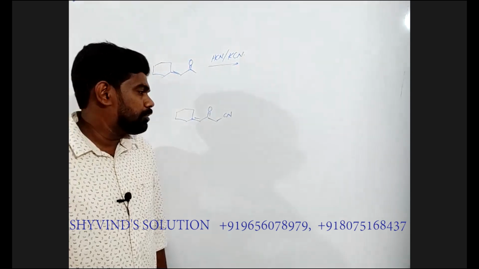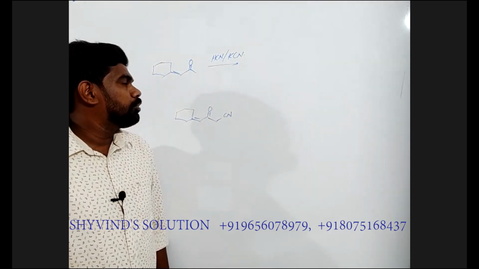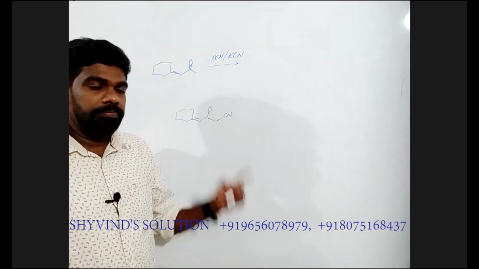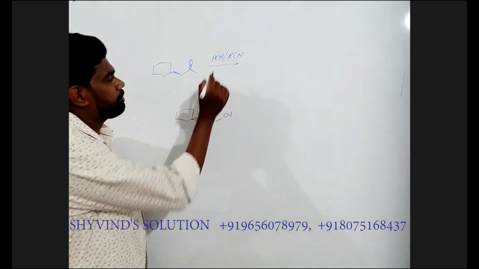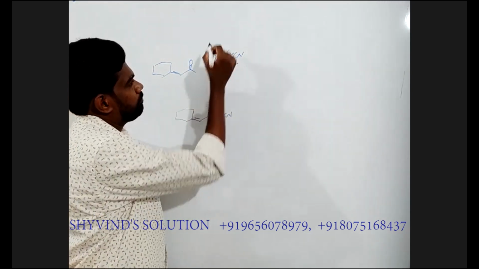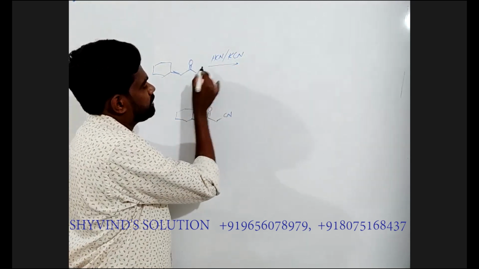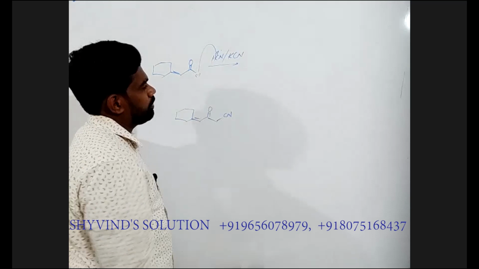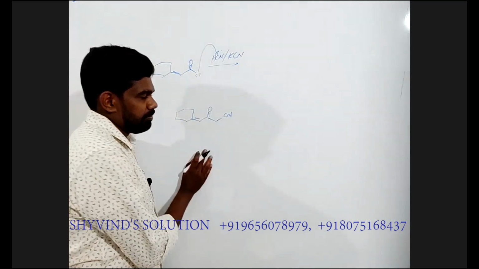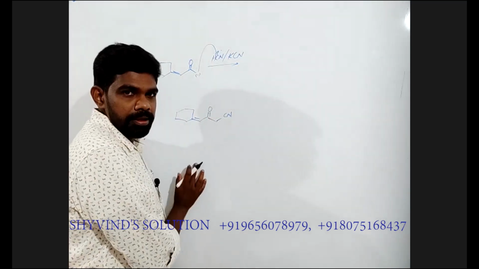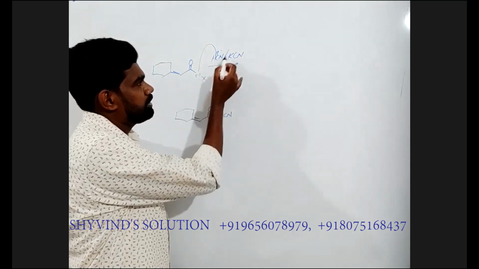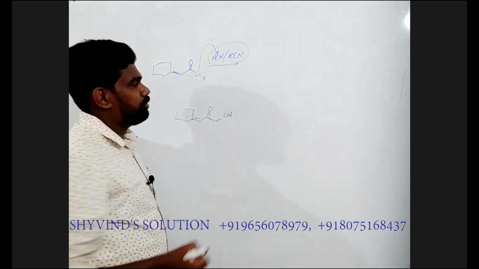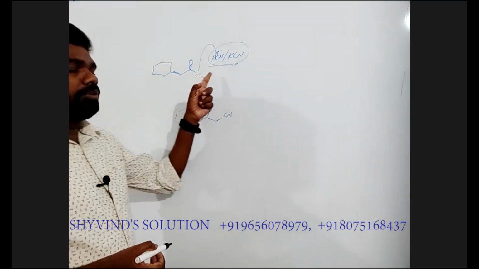To get this first option, how can we get it? The alpha hydrogen would have to be eliminated from this one, and it should attack here. But is it possible? This is definitely not possible, because this is not a base. First of all, if you want to remove this alpha hydrogen, you need a base.